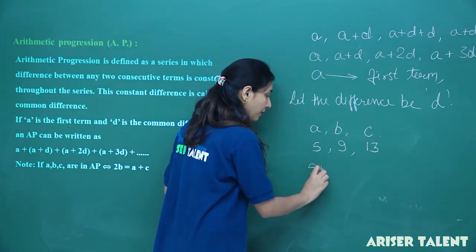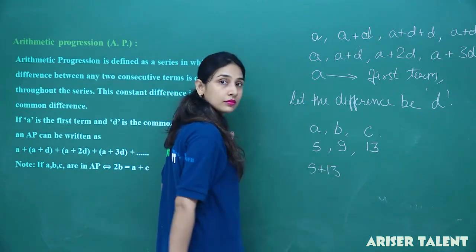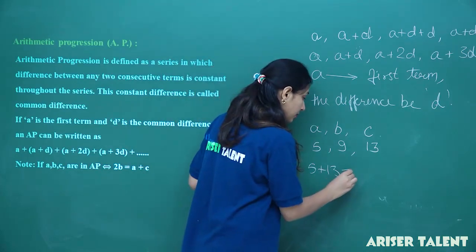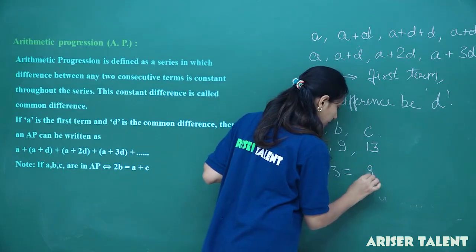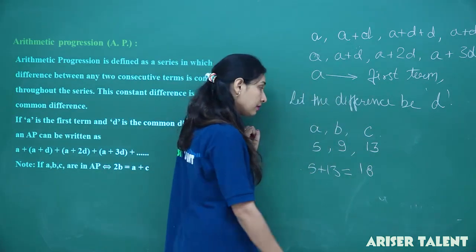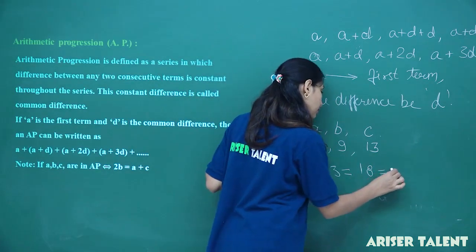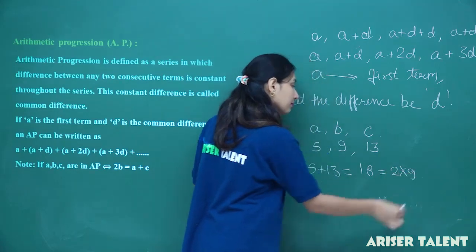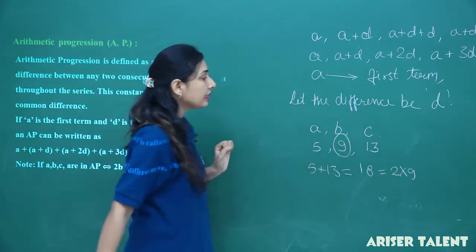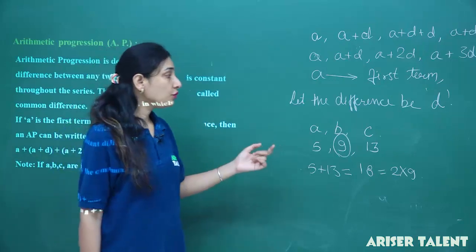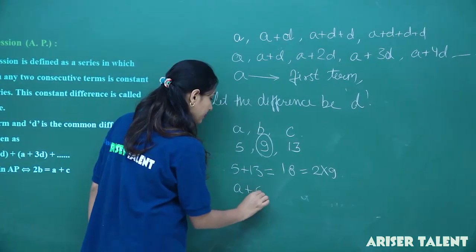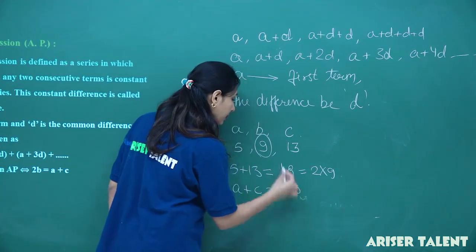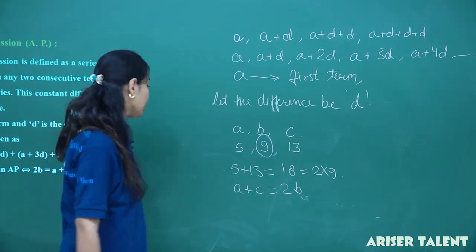So take 5 plus 13, right? Then add that. That will be 18, which equals 2 multiplied by 9. Now what is 9? 9 is B here. So can I write A plus C equals 2 times B?